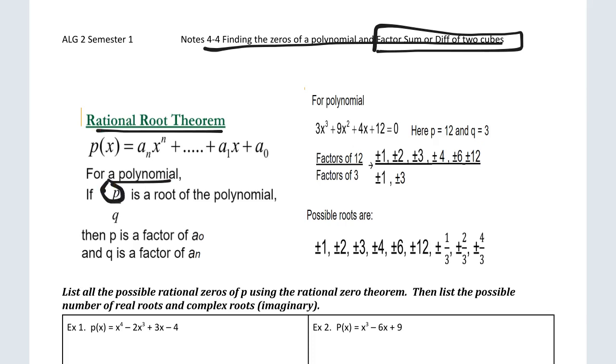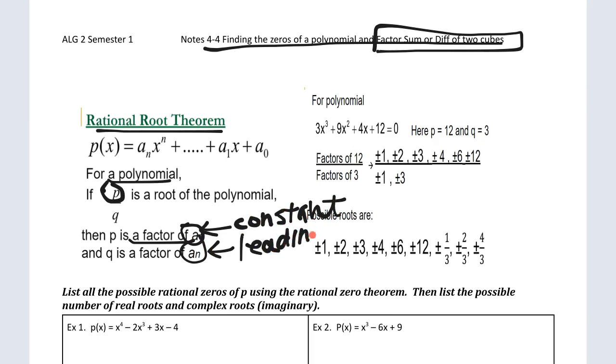So our p is the factors of the constant, and our q is your leading coefficient, which is the coefficient of the highest degree.